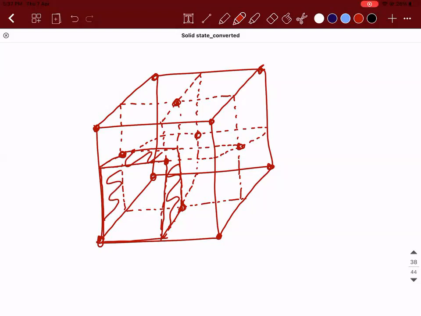This point will be coming, but this top point will not come, because it is present on the back side. So take only this cell. We are cutting out 8 equal parts and taking only one part. So I'm drawing the diagram for that one part.